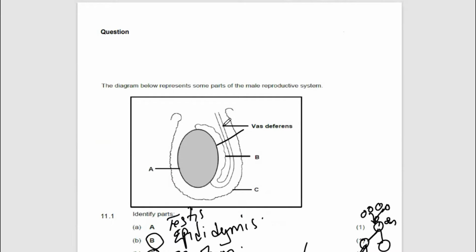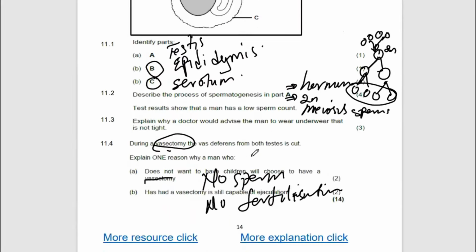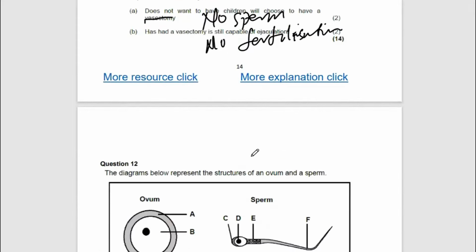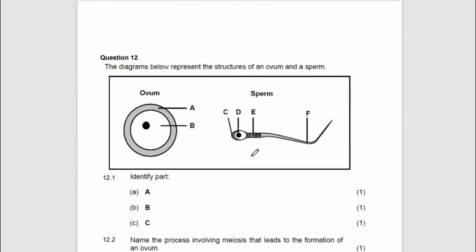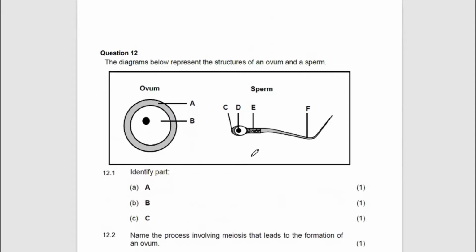So vasectomy is here, and then the glands are here, and then the penis is here. So you have the vas deferens, you have the Cowper's gland, and then you have the prostate gland. So other fluids will come from those glands, and they will make the ejaculation possible. Hence, you can still enjoy sex.